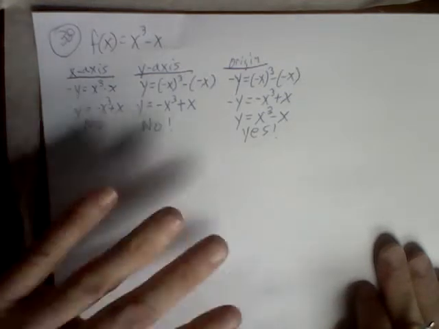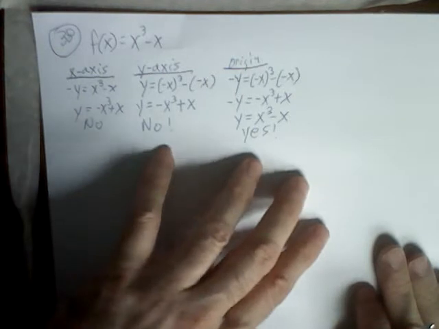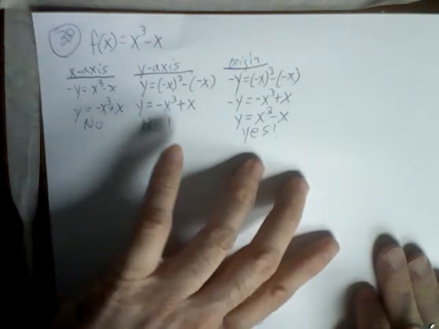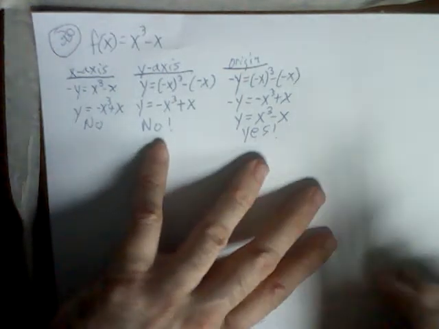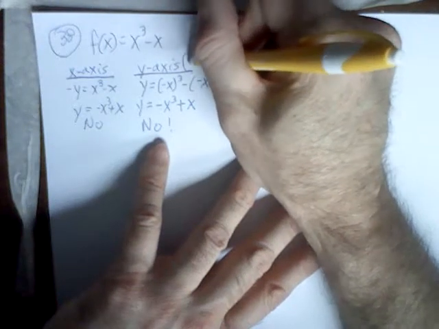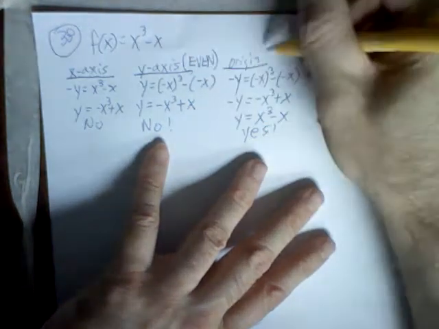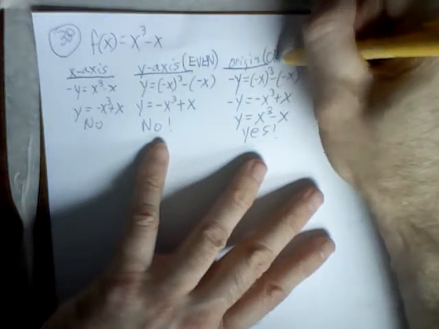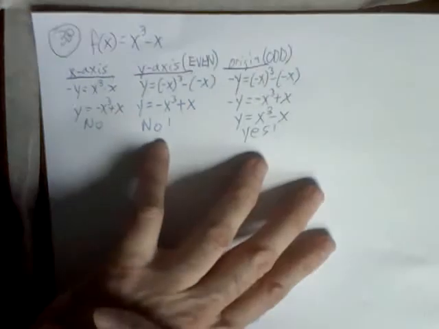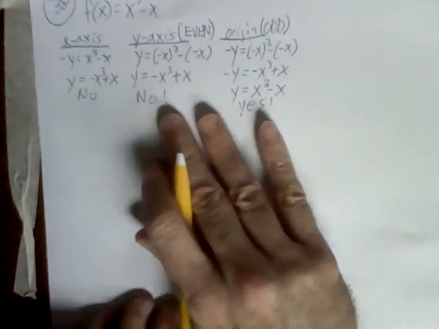So the kinds of symmetry that we in general are going to be concerned with are the y-axis and the origin symmetry. And the y-axis symmetry, we'll call it even. And then for origin symmetry, we'll call that odd. Okay? And we'll change the test. Ultimately, it's the same kind of test that we'll be doing here, but it'll look a bit different.